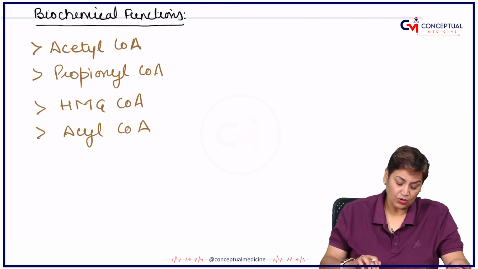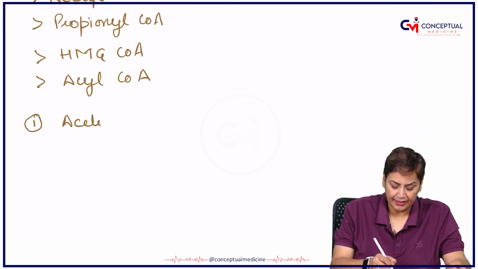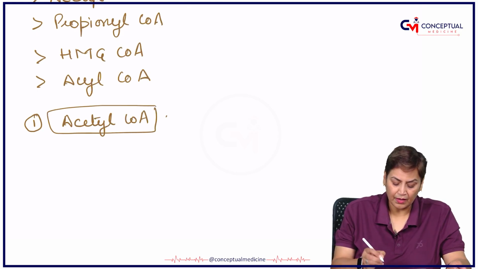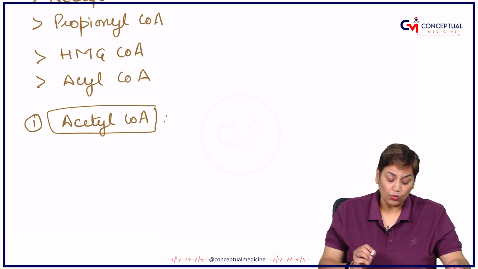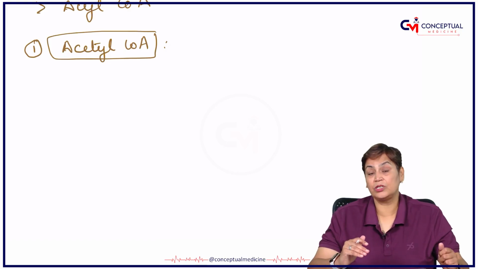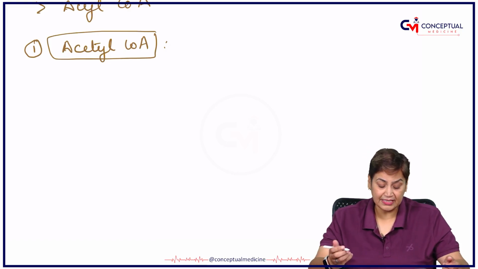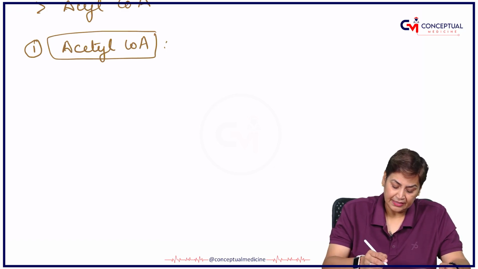If we take acetyl coenzyme A, we all know that this is the most important precursor of cholesterol in the body, and the most important precursor of ketone bodies and fatty acids. And from where is this acetyl coenzyme A coming?